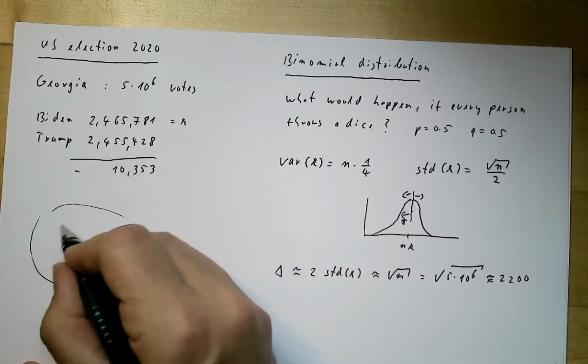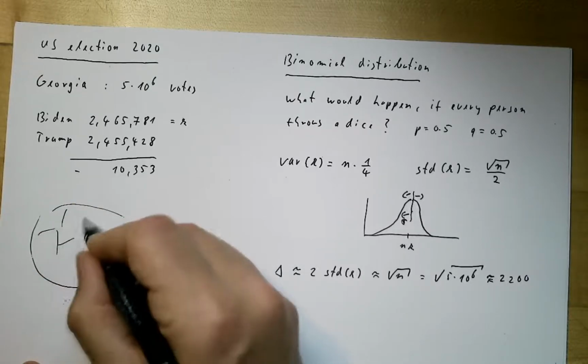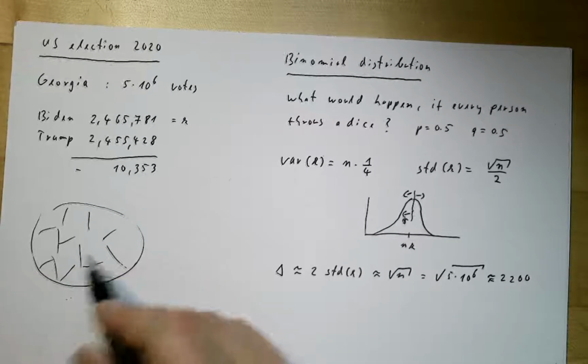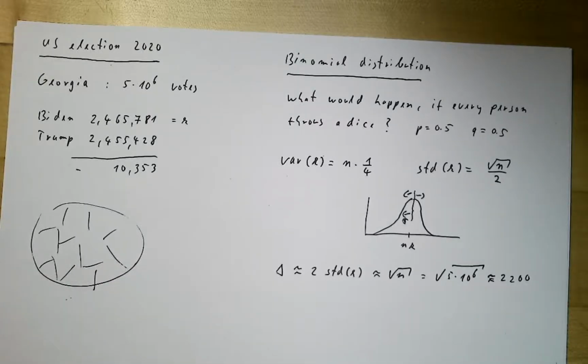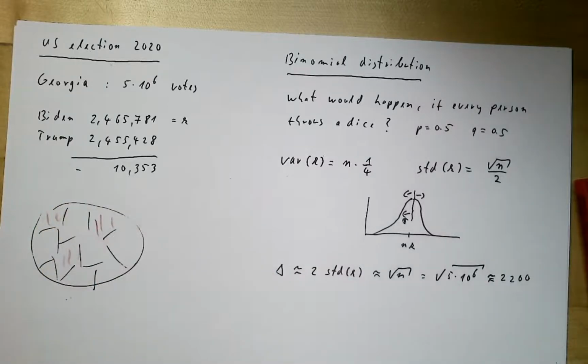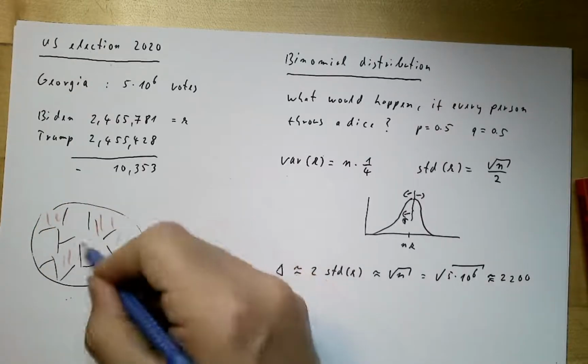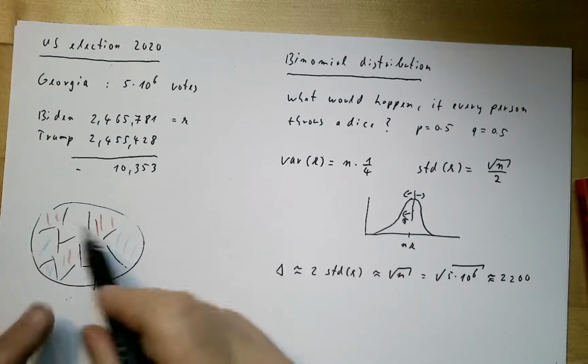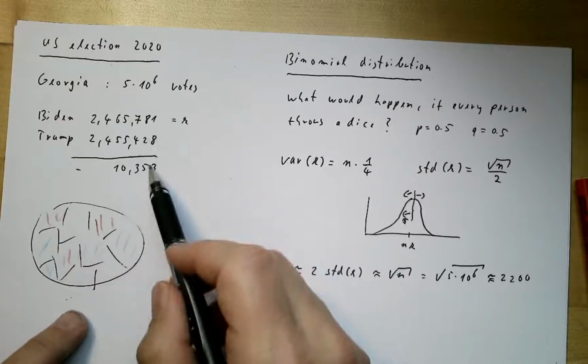That is the state, and you have different smaller counties, and then you have some counties which are really Trump counties with a high percentage of Trump, and others of Biden. So it's really heterogeneously distributed. Why on average does this come so close to this?